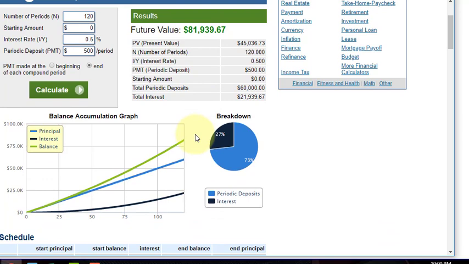And it's kind of nice because it gives me a picture here of the increasing balance reaching about $81,000, almost $82,000 after 10 years. These are just the increasing principal amounts that have been paid.